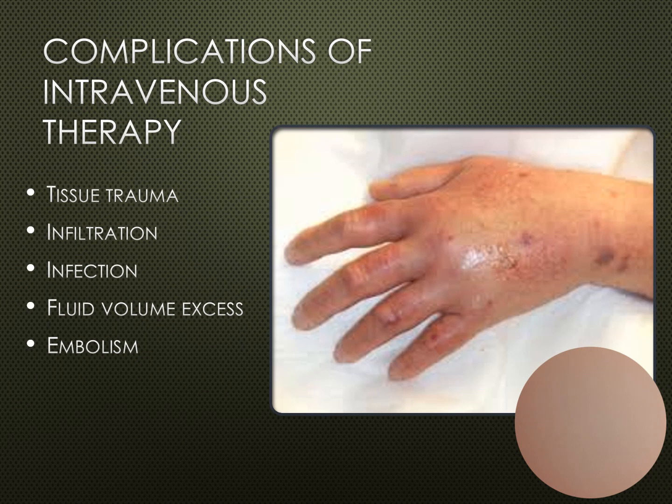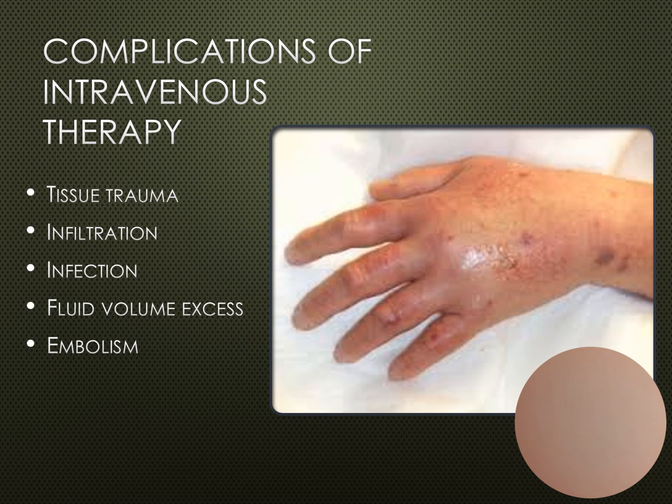Inflammation of the vein wall is called phlebitis. Thrombophlebitis is going to be that inflammation, but now we have a clot formation. It can be caused by irritation from the cannula and some medications. We might see or feel redness, edema, warmth, a vein that feels hard or cord-like, or the client may complain of pain.